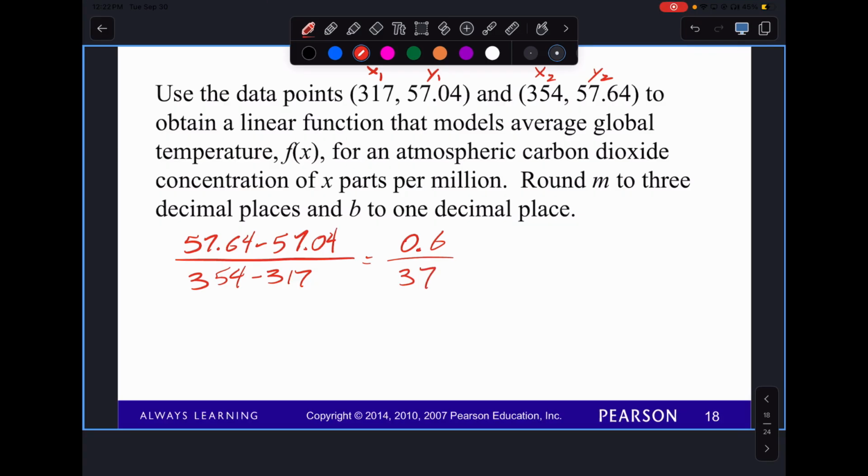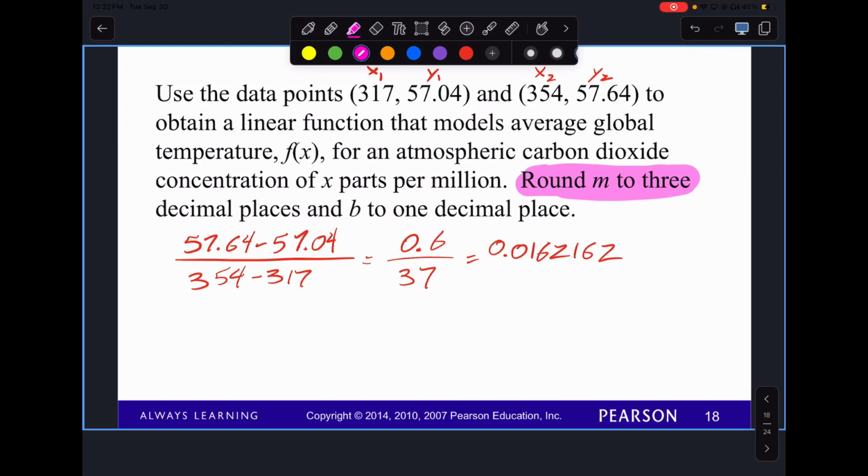We don't want to leave that like this because we have a decimal in our numerator, so we're just going to punch that in. 0.6 divided by 37 equals, it's like 0.016262 or something. Okay. Now this is where we have to go back to the question because the question gives us some guidance on this.